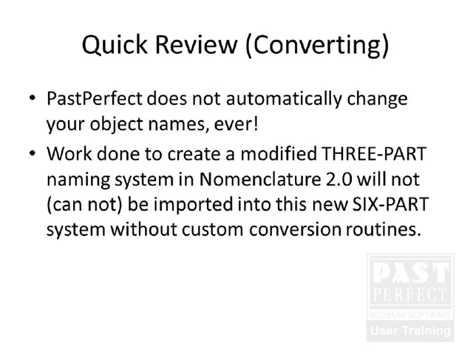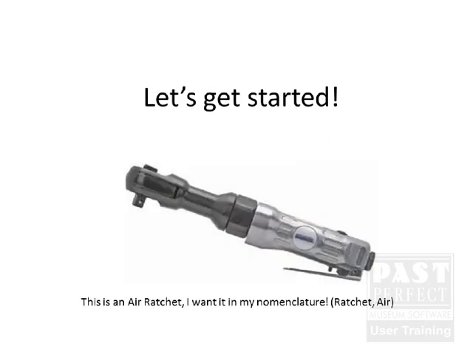If you need help with that, we can create custom conversion routines to make that happen, but it usually comes at an additional expense. So if you have a really customized database of nomenclature terms that fit your organization's needs, you'll probably need help getting that into the new 6-part nomenclature structure.